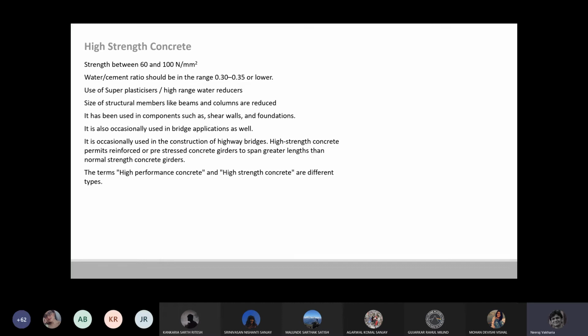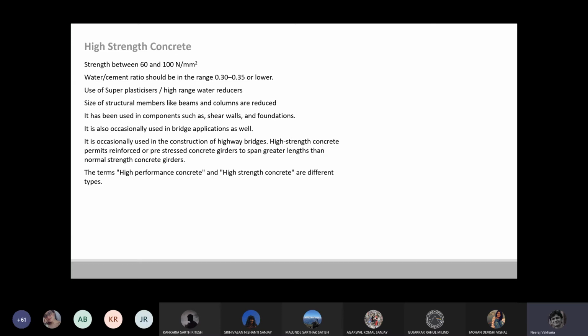Okay, so yeah, it is used in highway bridges. High strength concrete permits reinforced or pre-stressed concrete girders to span greater lengths. The terms high performance concrete and high strength concrete are different, so don't get confused between these two.